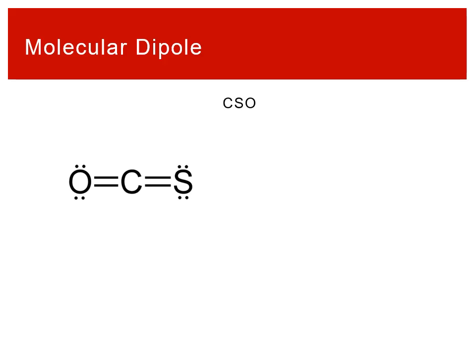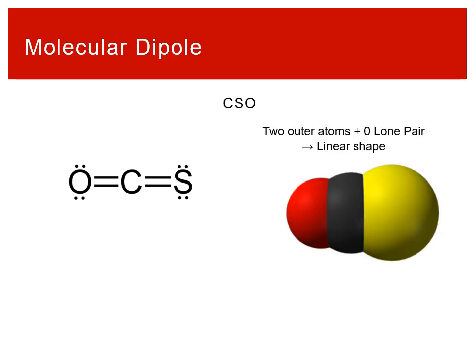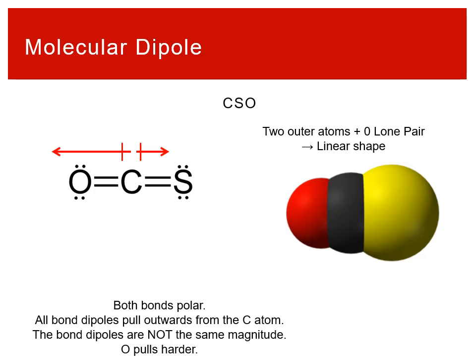CSO, here's my Lewis structure for CSO. 2 outer atoms, 0 lone pairs. This is a linear molecule, so the Lewis structure was already written as the 3D shape. When I go to add in the bond dipoles, they're both polar. Oxygen is more electronegative than carbon. Sulfur is also more electronegative than carbon. But importantly, sulfur is not as electronegative as oxygen.